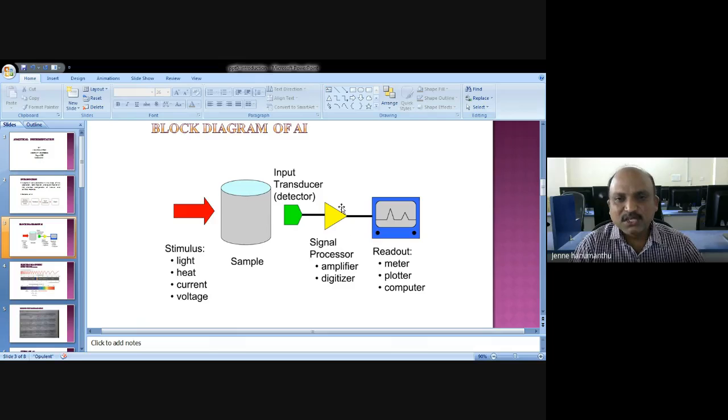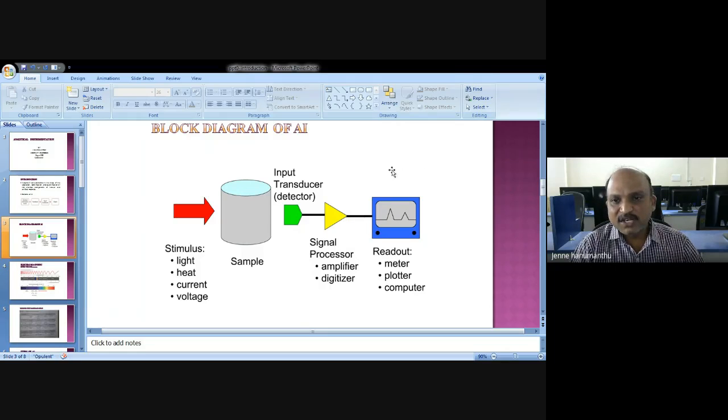As you know, a signal processor may be an amplifier, digital, an attenuator, sometimes an equalizer, or a noise detector. Any form of signal processor will process some data on the available signal. The yellow mark represents the signal processor, and the green represents the transducer, which can act as a detector element.